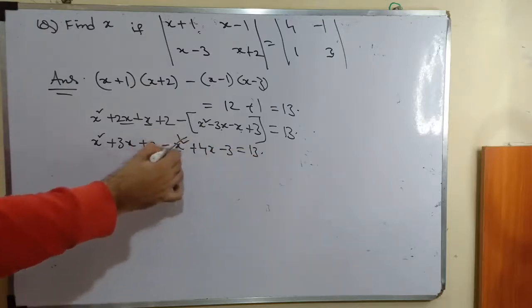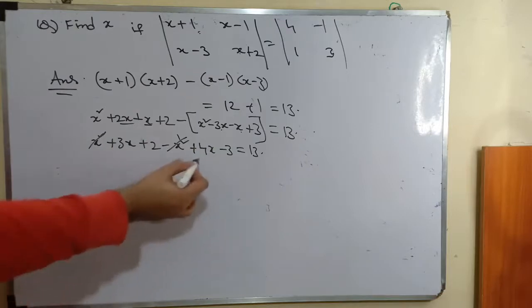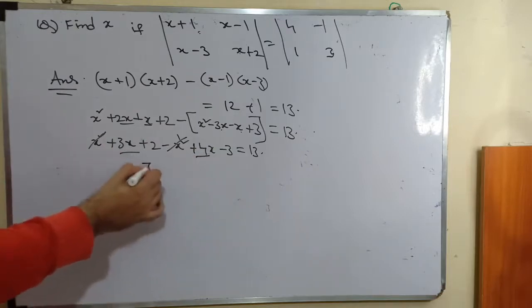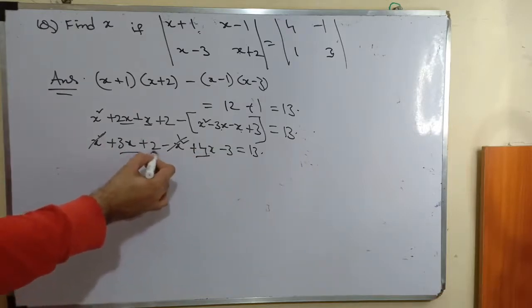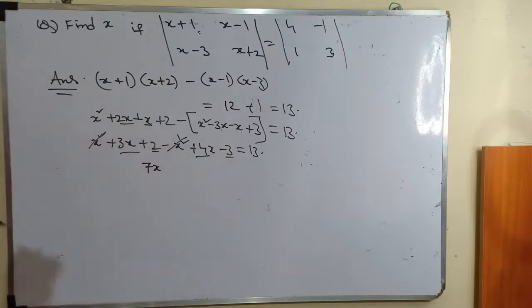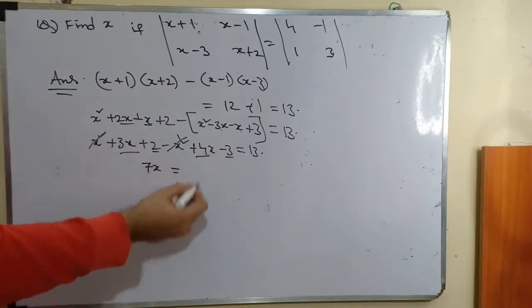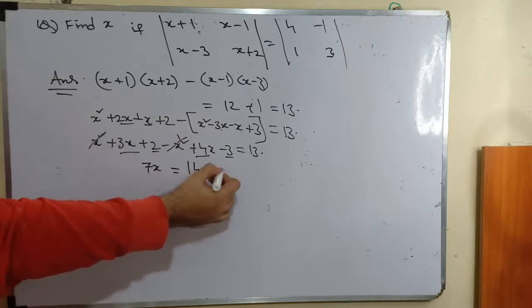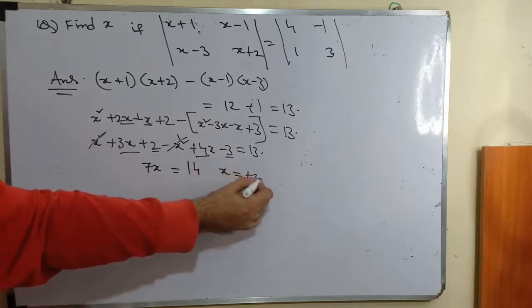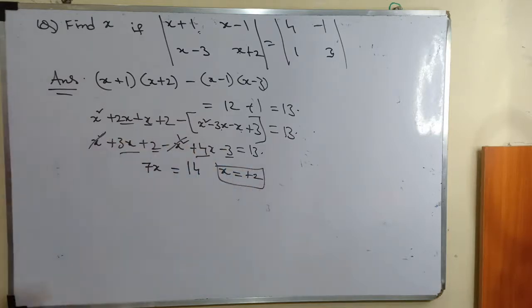So x square is gone. So 4x plus 3x is 7x, and 2 minus 3 is minus 1. So minus 1 is sent to the other side. 7x is equal to 14, x is equal to plus 2. So that's the answer. So please note it.